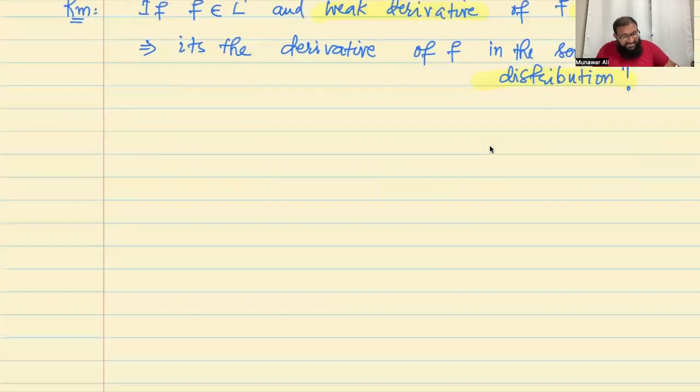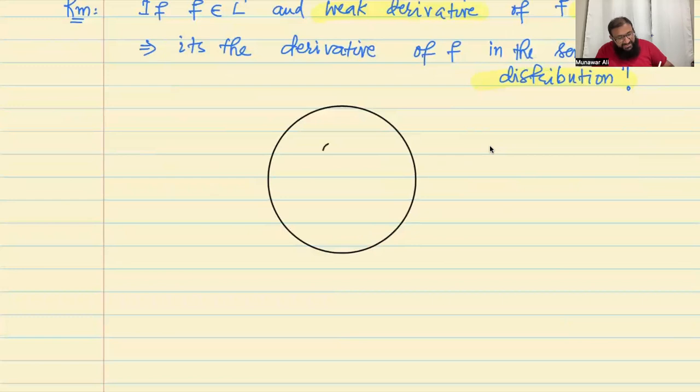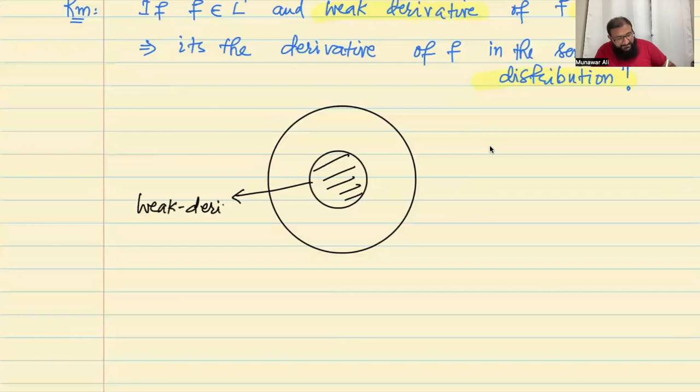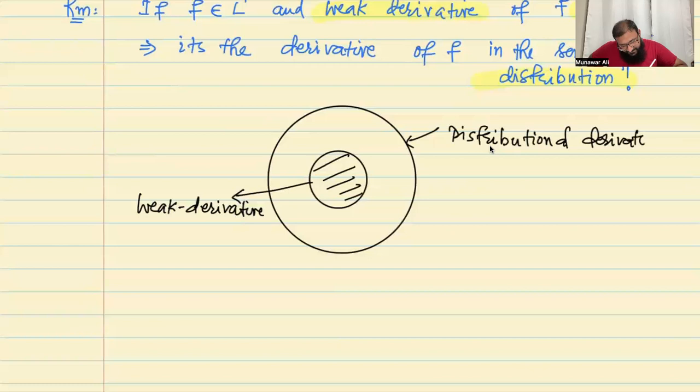So let me tell you one thing, that if there is a bigger space, this smaller space is the space of weak derivatives. It means if there is a weak derivative, it must be a distributional derivative. But all the distributional derivatives are not weak derivatives. So these are distributional derivatives.